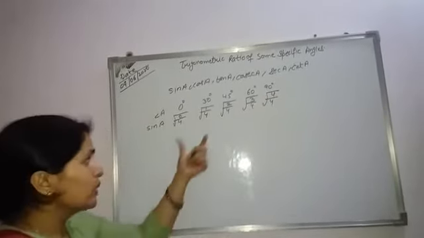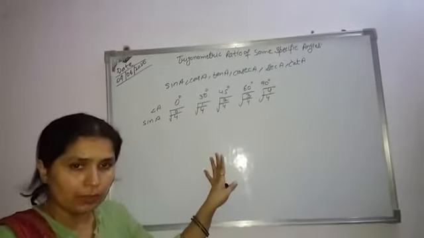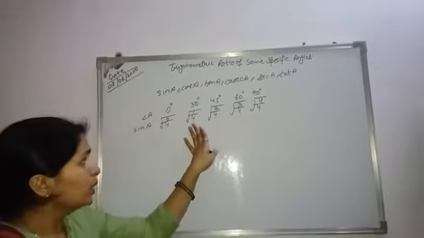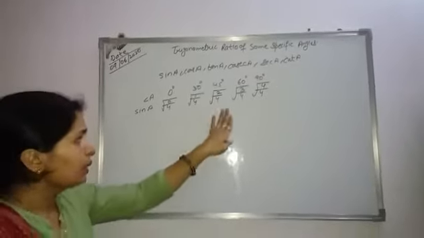Okay, so this is a process, and if you want to learn directly then you can, but I am telling you a process. By this process you can make this table with a very easy method.